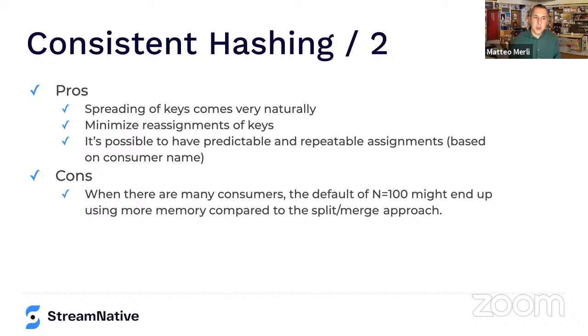Finally, another pro is that it is possible to have a predictable and repeatable assignment. I mentioned that we use the consumer name. We take the consumer name plus the index from 0 to 99 in this case to have all the 100 points. That means that a consumer that comes back up will receive the same keys because we have the same points.